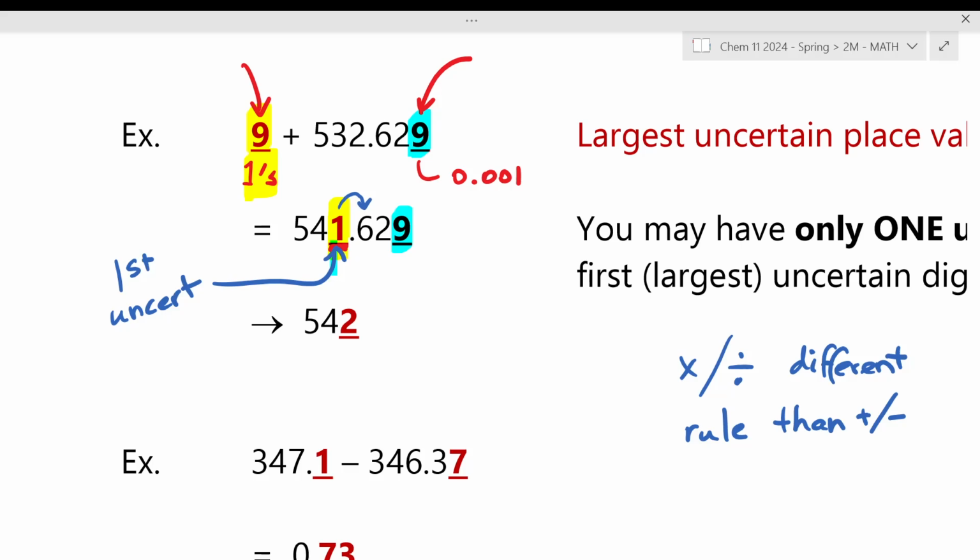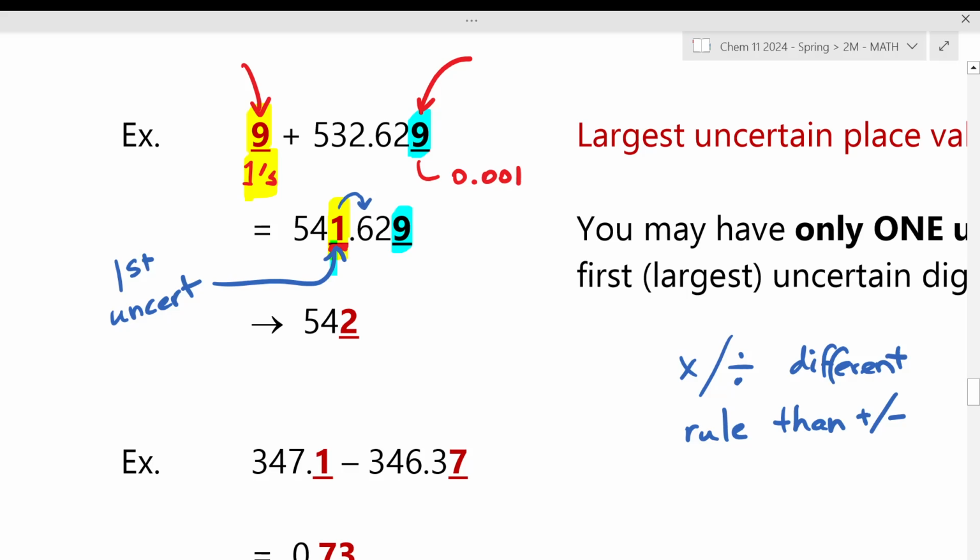So very often people will be like, oh, I love the multiplying and dividing rule. It is so easy. I round to the smallest number of sig figs in my equation. And people will look at this and they'll be like, oh, I got 4 sig figs here, 4 sig figs here. That means my answer needs 4 sig figs. But that would be if you were multiplying and dividing. I am mainly pointing this out to people who've done physics already because do not apply the multiplying and dividing rule when you're adding and subtracting because you will get the wrong answer because it's not the same rule.